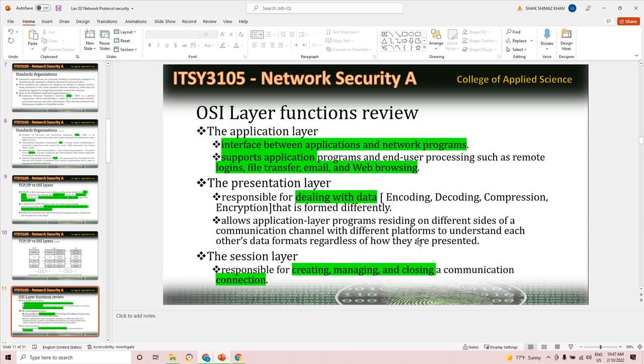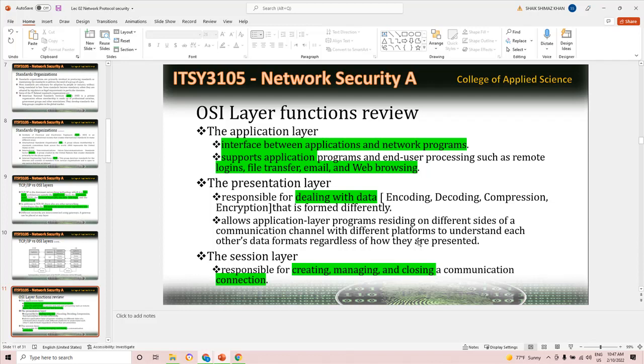So the application layer should act as a mediator between applications like a web browser, or WhatsApp, or any app that you use to communicate across the network. It is the interface between the application and the network.